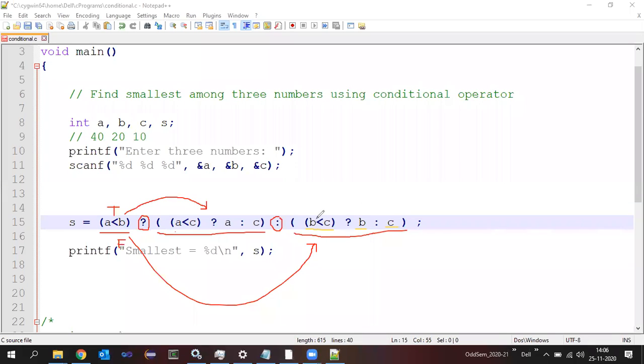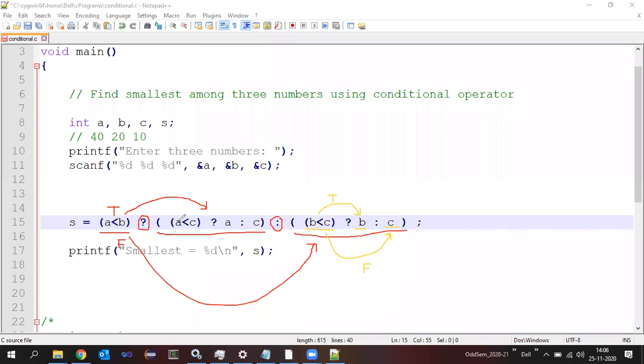Now, b less than c is again an expression, and it can result in a true value. If it is true, then it will execute b. If this condition is false, it will execute c. This is the working of the conditional operator.